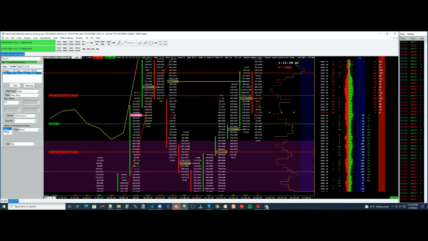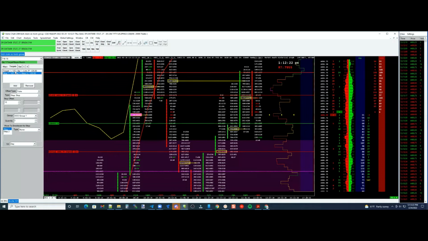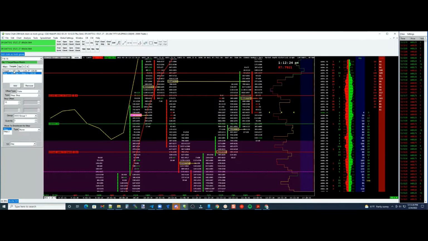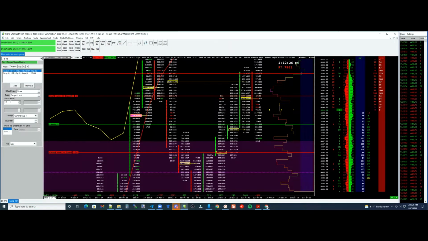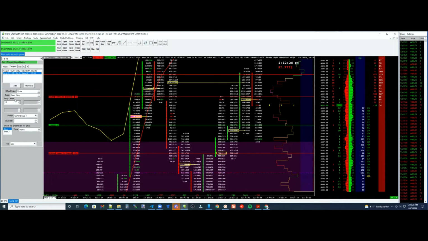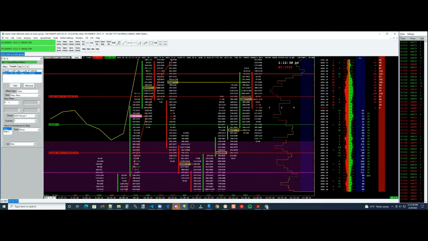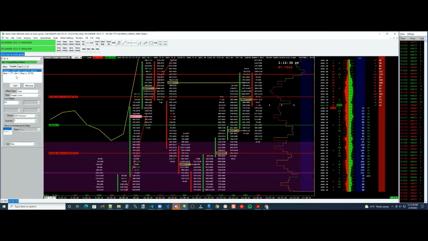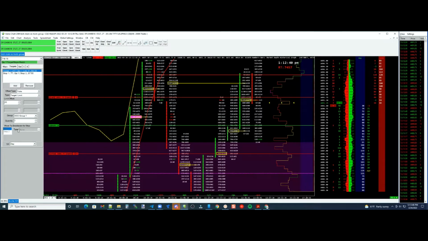You can set a trail to break even. You can set it to whatever you want. You can set it to 20 ticks, and you can set this to 12. I'm on normal market conditions at a 7 tick stop, and normally you're right around a 20 tick profit take. But there's many things that you can do to this.